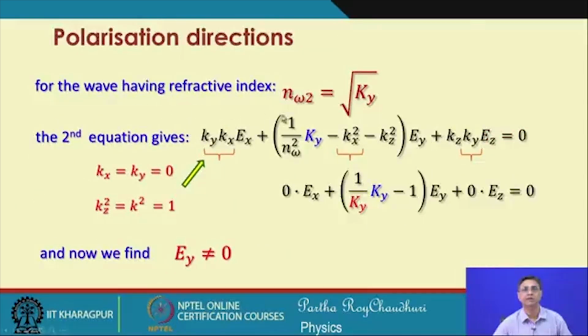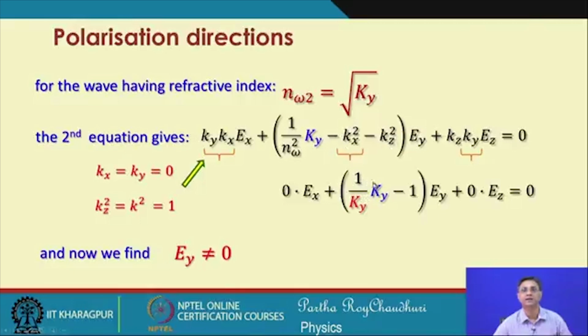For the wave having refractive index n omega 2 equal to under root of k y, that is, if I use the other root and proceed in the same way, then k x is equal to 0, so this quantity becomes 0, and we can write 0 into E x. Similarly this quantity is 0, but this is equal to 1.